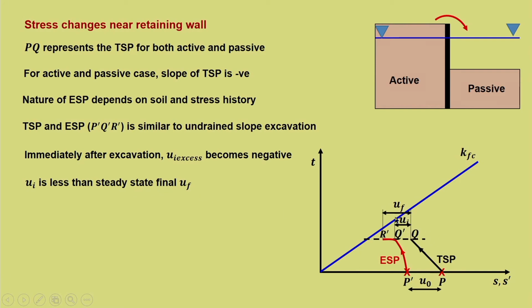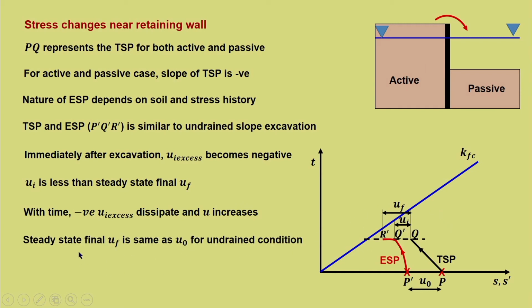Here you can see that. Why is uf becoming more than ui? Because initially the excess water pressure was negative and that will dissipate, and in the process water pressure has to increase from the initial ui value. With time the negative excess water pressure dissipates, and that is why u has to increase from the value of ui to a given value.